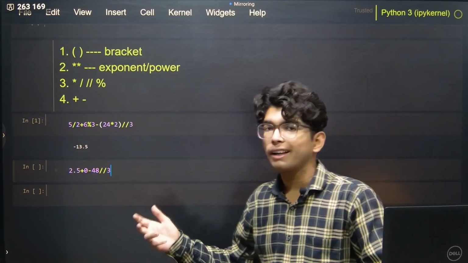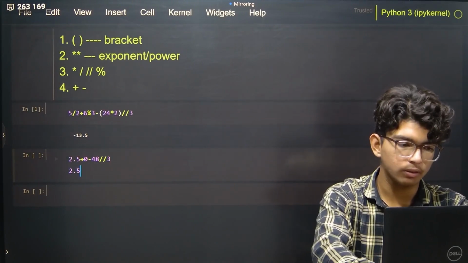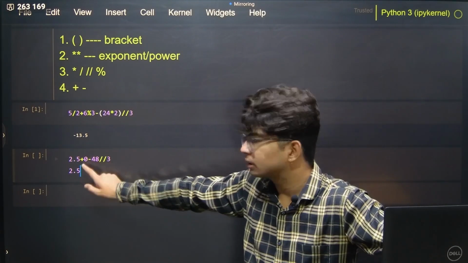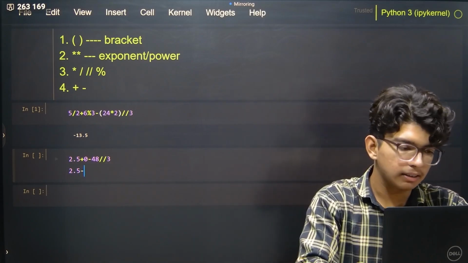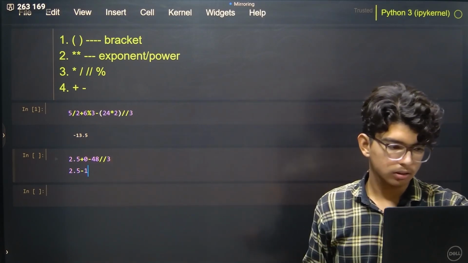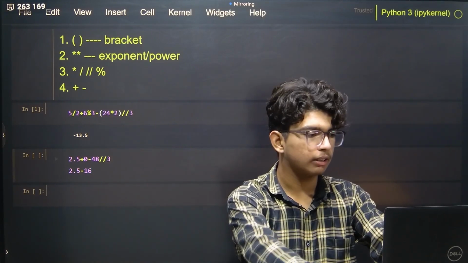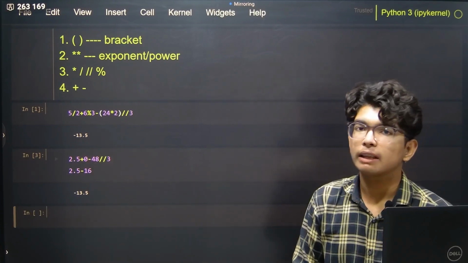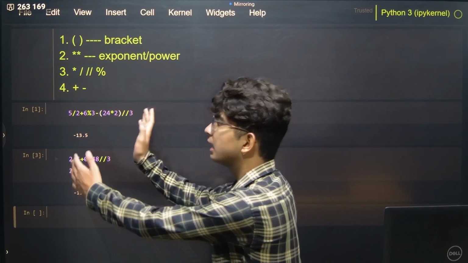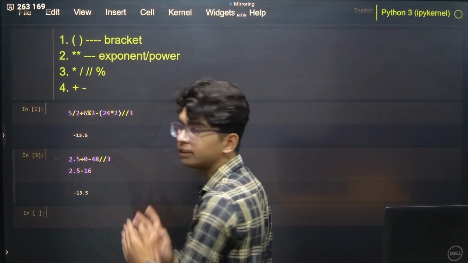So now in the next step, 2.5, we are just going to remove this 0 as it has no value, minus 48 floor division 3 is 16. After this, if I run this, I get the answer minus 13.5, which is the same as here. I am explaining this to you this way so that you can understand how this equation is broken down into this, and after that this.